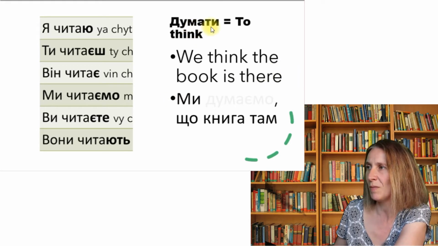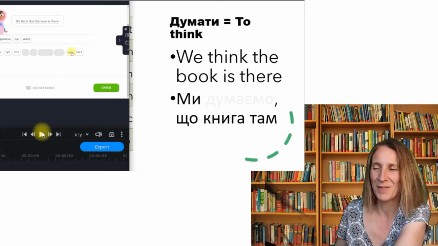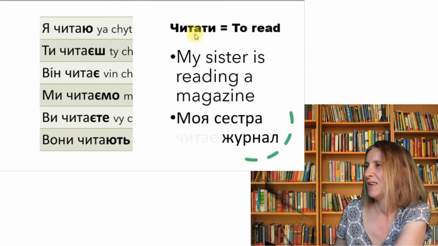We've got думати, to think. So we're going to lose the ти and we're going to put ємо. Ми думаємо, що книга там.